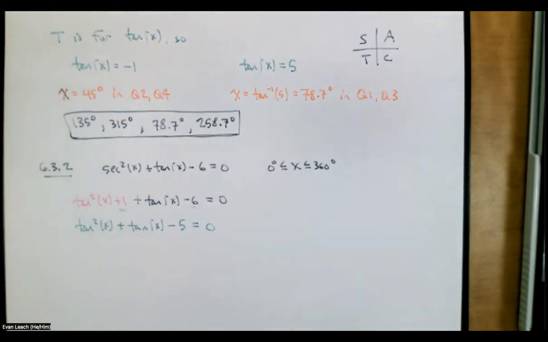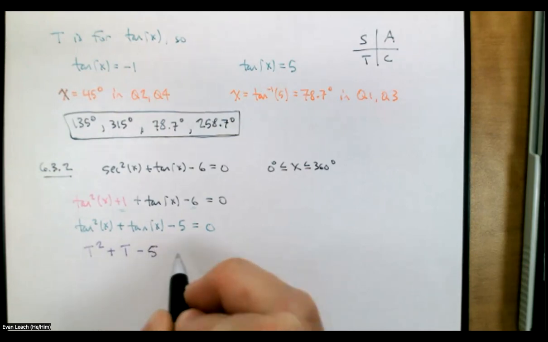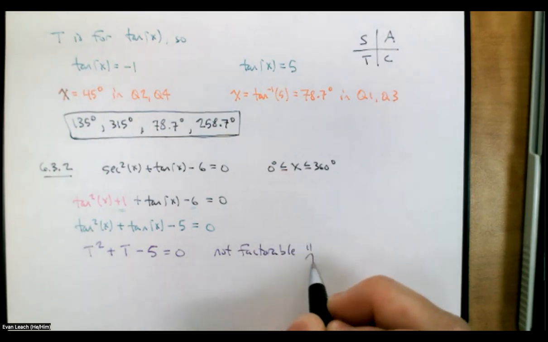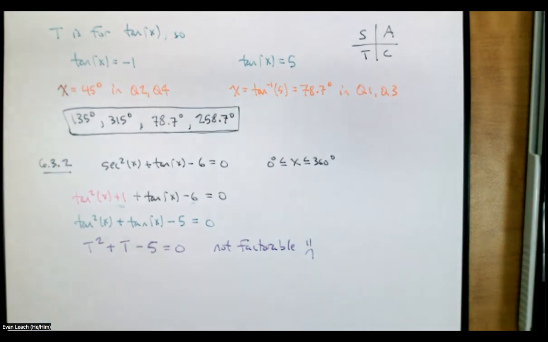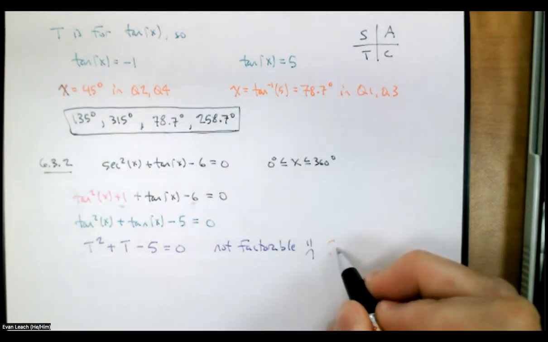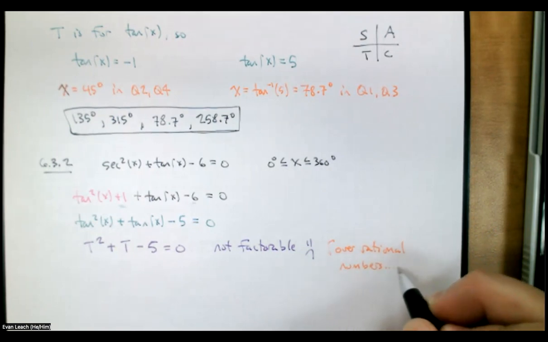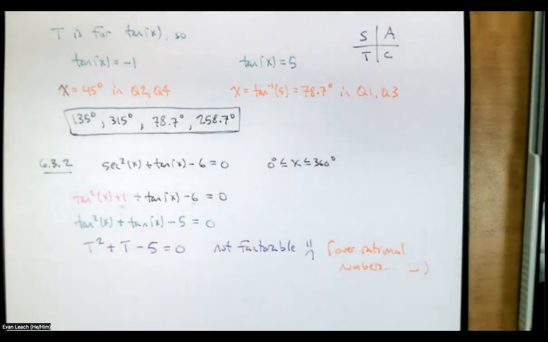We're looking at t squared plus t minus 5 equals 0, which is not factorable over rational numbers. Nope, we're all done simplifying.